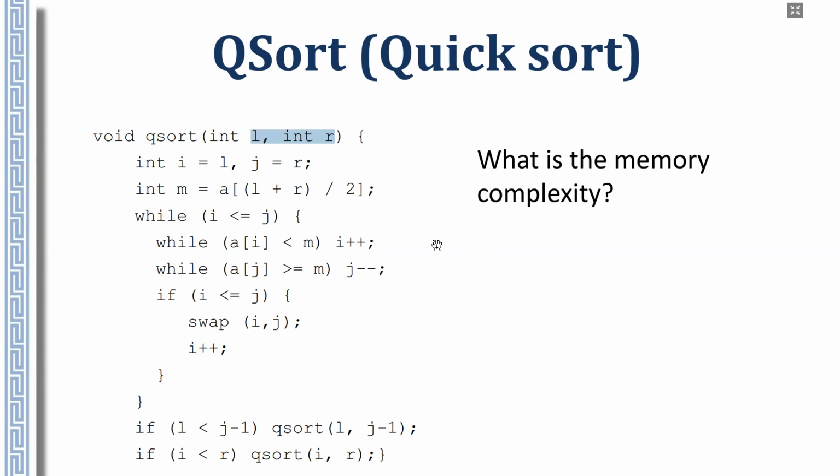Here, the depth of recursion is k, that can be log n in the best case and average case, and can be n in the worst case. That's why memory complexity is from log n to n.